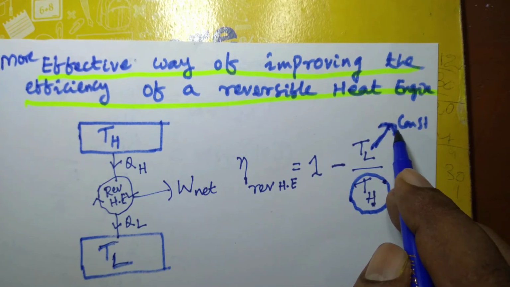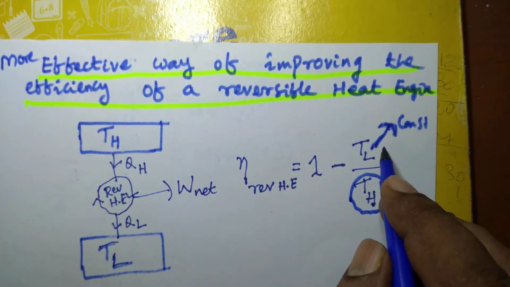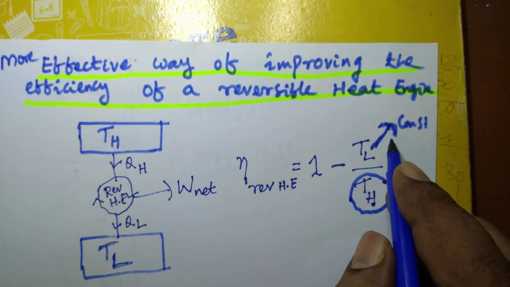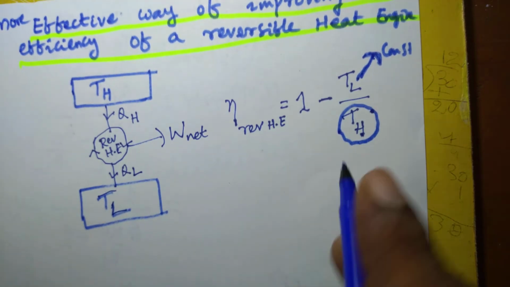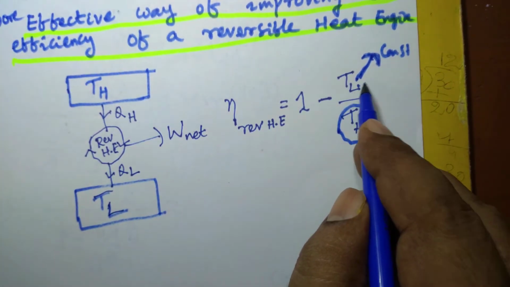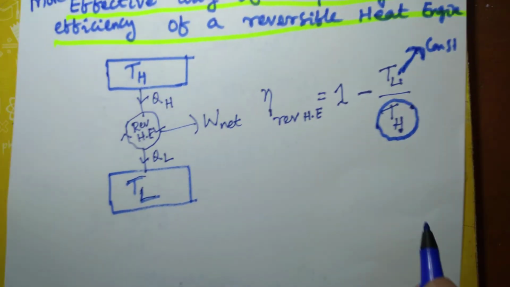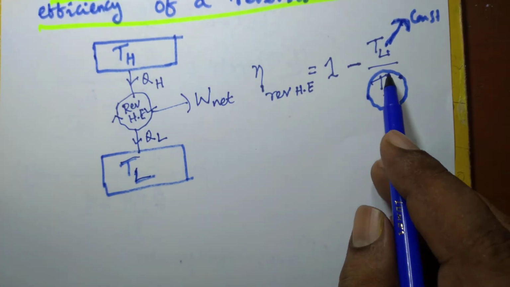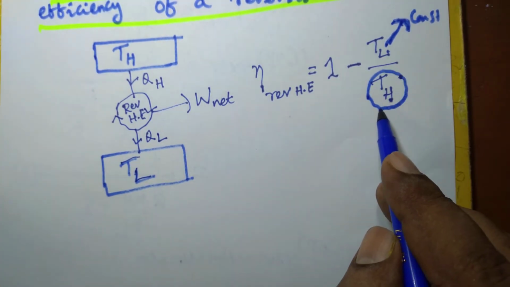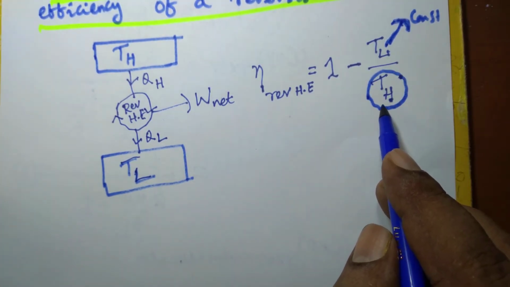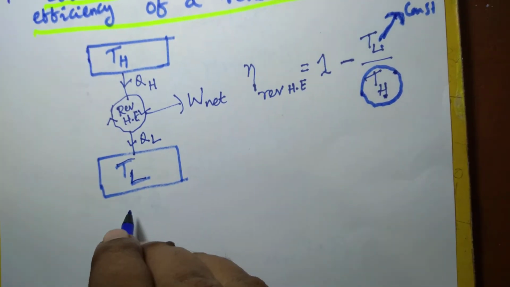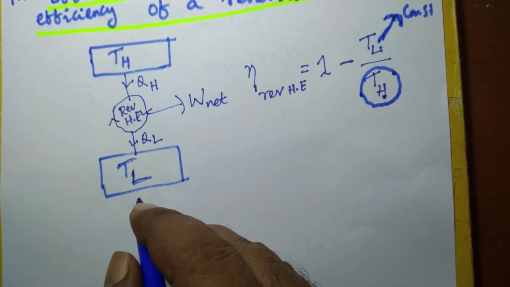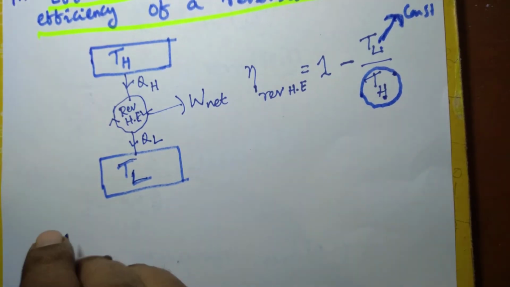Beyond that, we can't decrease the low temperature, otherwise we may have to resort to refrigeration. So decreasing TL, keeping TH constant, is one way, and the other way, keeping TL constant, is to increase TH, and then also the efficiency can be increased. So which one is the better way? Which one is more effective? That we want to see.